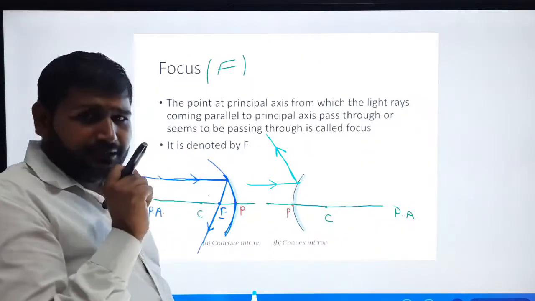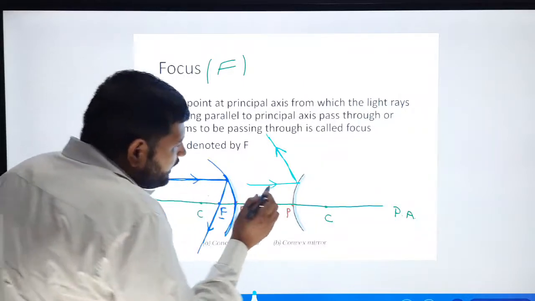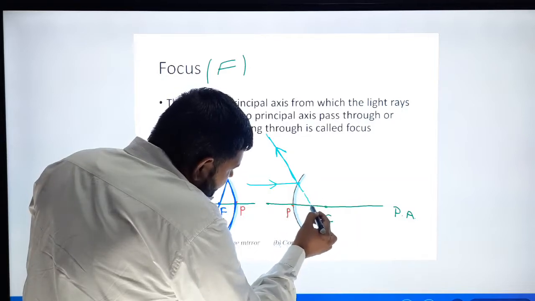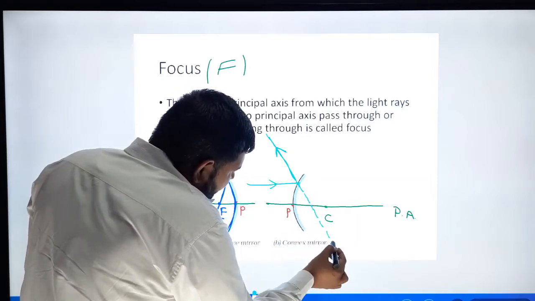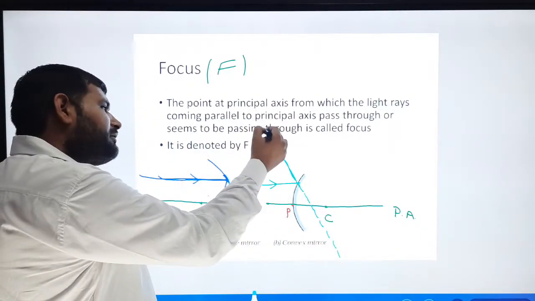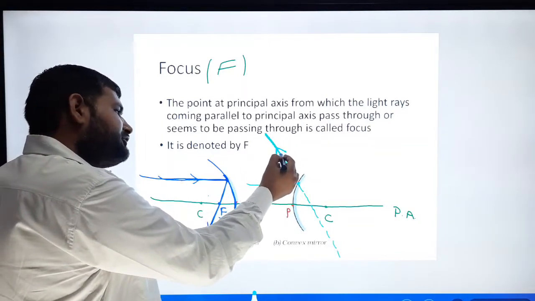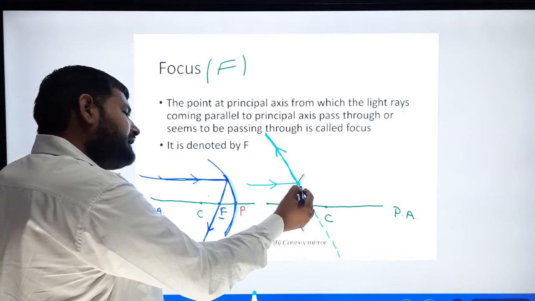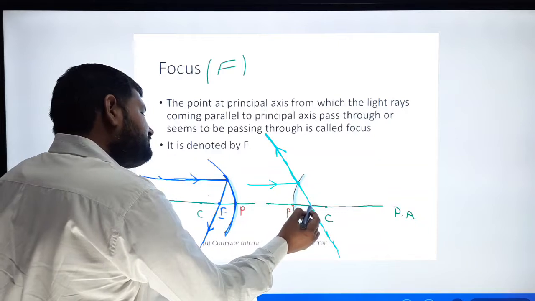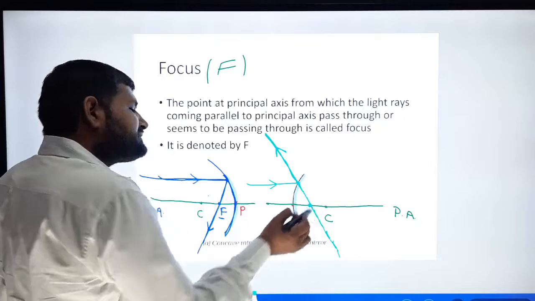In that particular case, when there is no possibility of intersection, then we will trace in backward direction, or we will trace the imaginary path that would seem. Okay. Now if we look from here, then what would you see? If you look from here, then you would see that these light rays are coming from this particular path, and this imaginary path is cutting or intersecting the principal axis at this point.